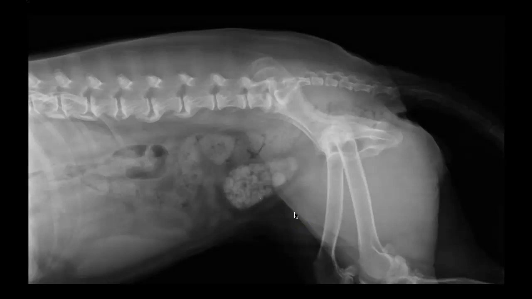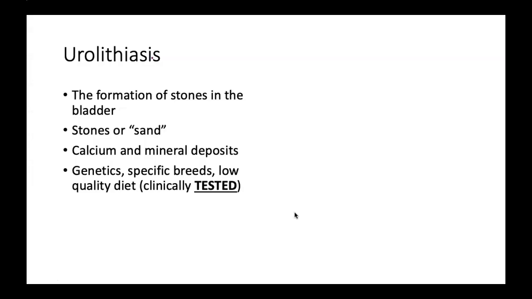So this term, urolithiasis, is a word that describes the formation of stones in the bladder. It could be stones, like we saw in the last image, or it could be sand and grit. Essentially, it's a mix of calcium and mineral deposits. There are lots of things that can contribute to this. Genetics definitely can.